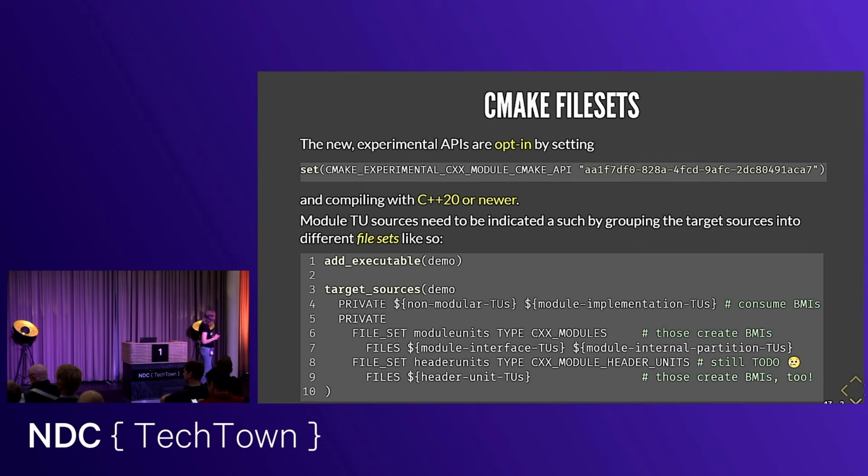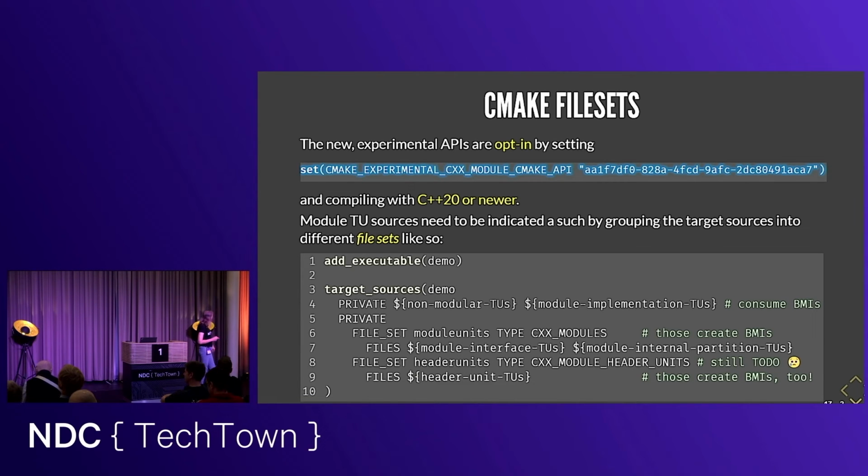What you have to do, you need to opt into this experimental support by giving a UUID. And in CMake fashion, this UUID changes with every version of CMake.